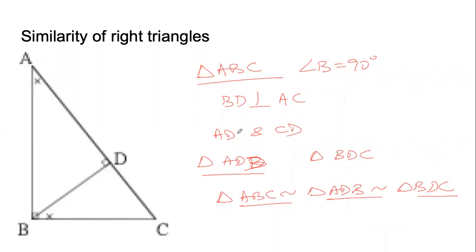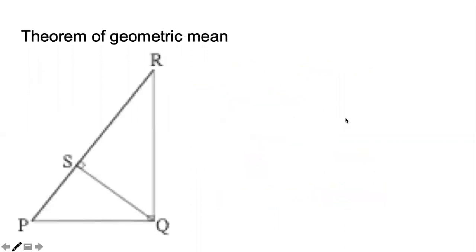In addition to this, we understood something about these two parts of the hypotenuse in another theorem called the theorem of geometric mean. In this theorem, we said that the altitude drawn to the hypotenuse will be the geometric mean of the two parts of the hypotenuse. So now we have triangle PQR, where angle Q equals 90 degrees.